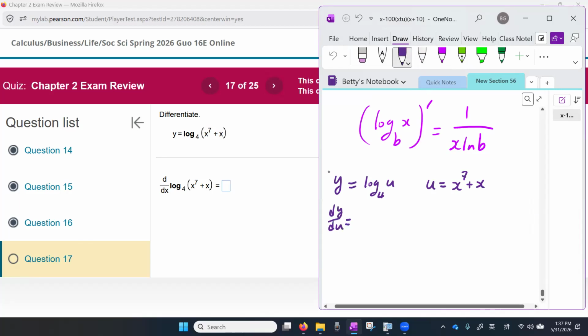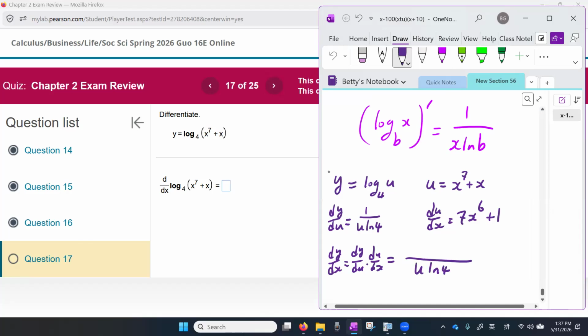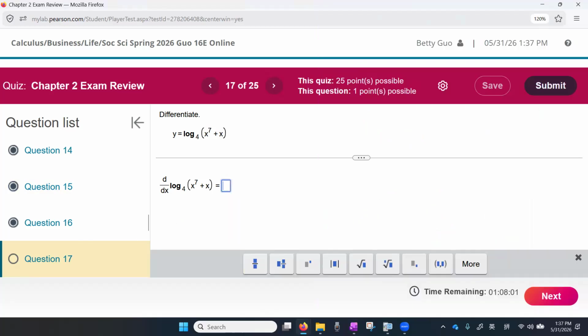dy/du, use this formula, right? You have 1 over u ln 4. du/dx, you have 7x to the 6 plus 1. So dy/dx equals dy/du times du/dx. The du/dx I'm going to put on the numerator, and u is x to the 7 plus x. Okay, let's enter the answer here.